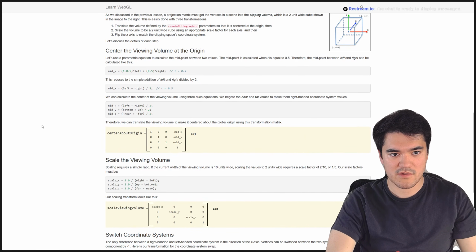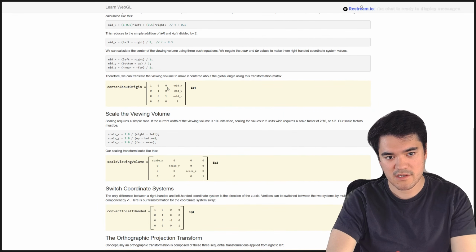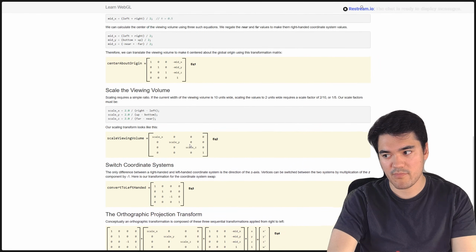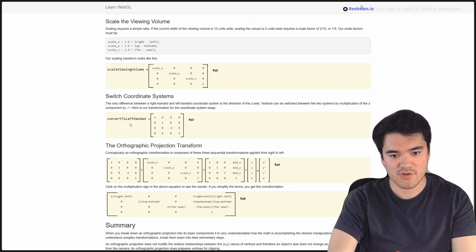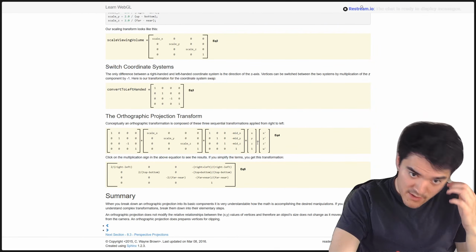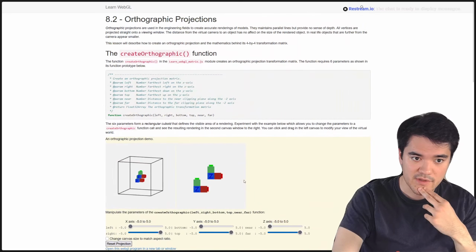Okay, so here we go. We center about the origin, yes. So the center and the scale are both going to be part of the camera transform, right? I'm pretty sure that's what we want.